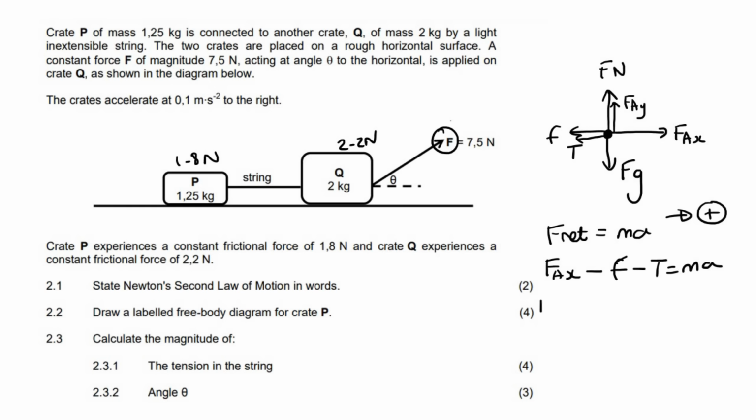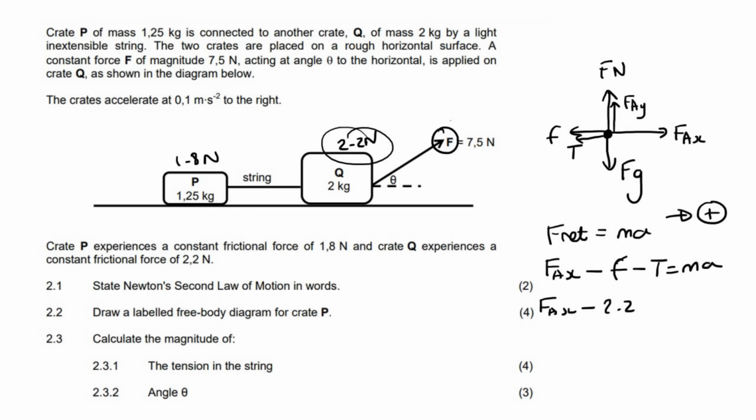So we're going to say F applied in the X direction, we don't know. The friction on this object is 2.2. Some of you are like, Kevin, should we also include this one's friction? Because surely that one's going to slow this one down. You are correct, it is going to slow it down, but we will see that in the rope tension. That's why there is tension in the rope, okay?